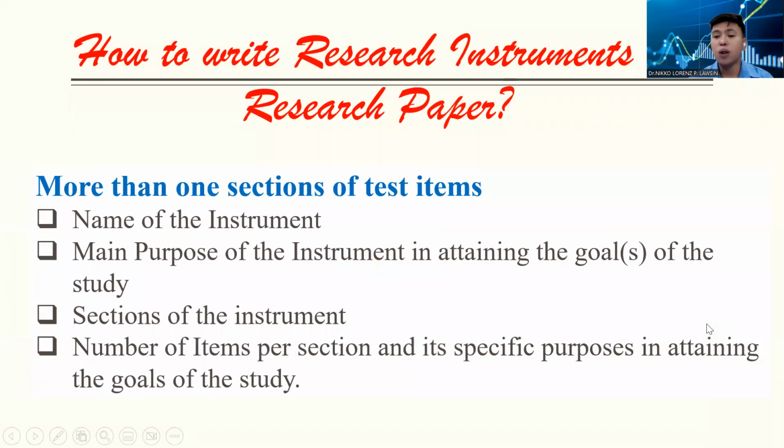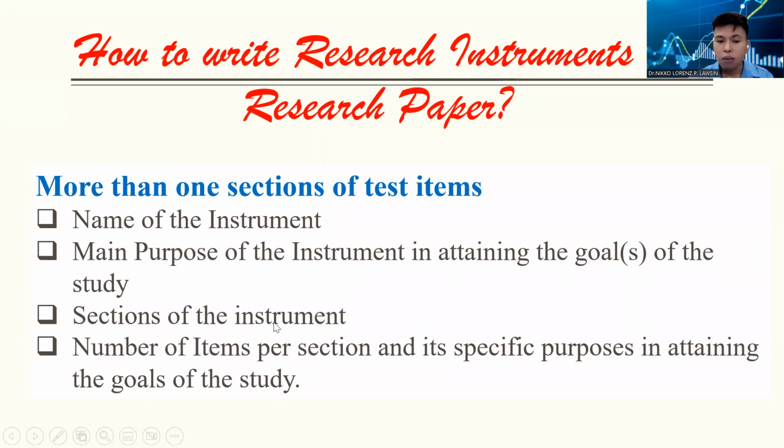What if your research instrument has more than one section of items? The technique here is to state the name of the instrument, the main purpose of the instrument, the generic instrument, and the purpose of that in attaining the goal of your study. And then discuss each section. Section one, and then how many items, and what is that for?